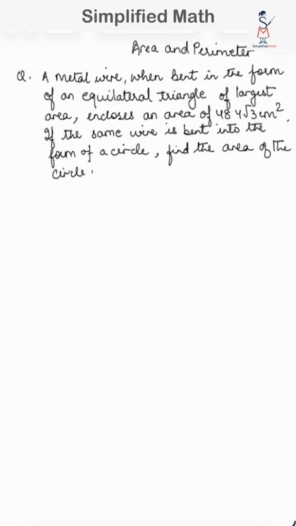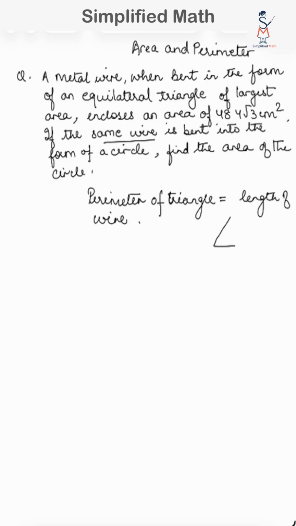So, what we understand from here is that the perimeter of the triangle is the length of the wire. Because if we are making a triangle with the wire, this is the length of the wire.